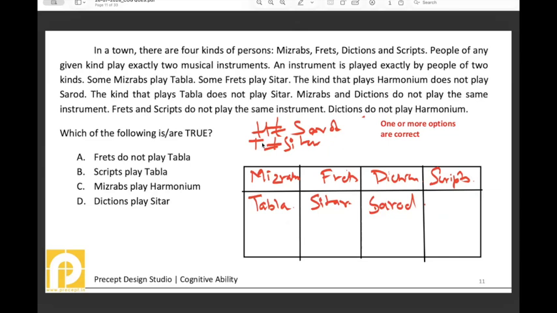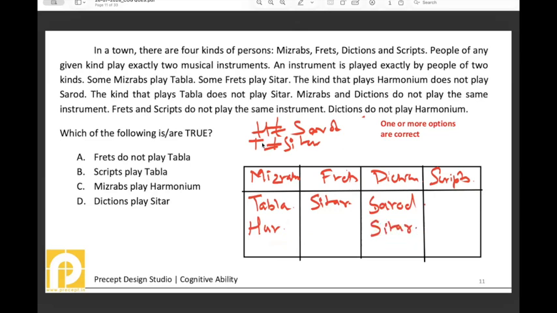Also diction and misrab do not play the same instrument. Okay, that is also given. So, diction does not play harmonium, which means misrab plays harmonium, and misrab plays tabla and harmonium, which means diction will play sarod and sitar.